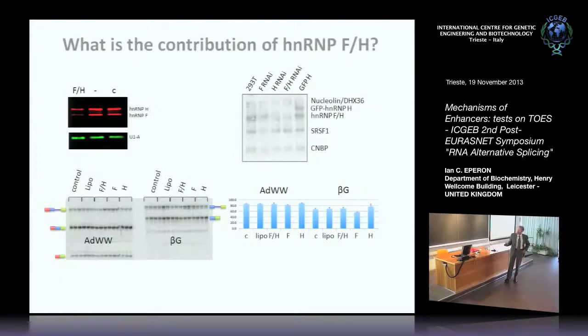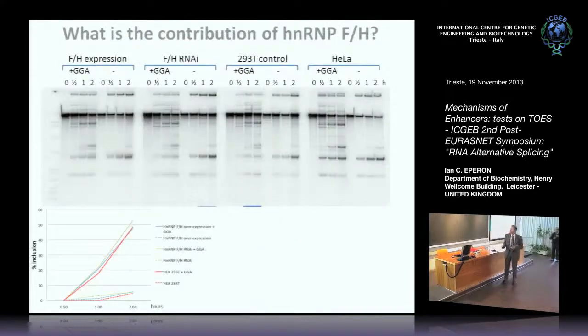We've done some knockdowns to show that hnRNP F and H have no effect either on the splicing efficiency. So it looks as though the major complexes formed on this oligonucleotide, that's to say the quadruplex and the associated proteins, and the hnRNP F and H complexes are not contributing to the activity of the oligonucleotide. And these are the splicing assays, which I don't have time to tell you about, but they're very nice splicing assays. Take my word for it, they're very beautiful.